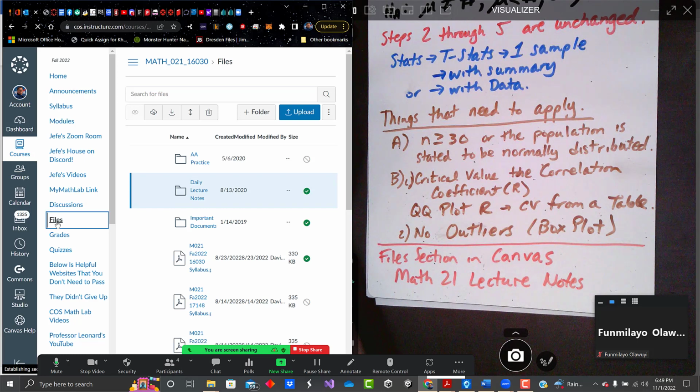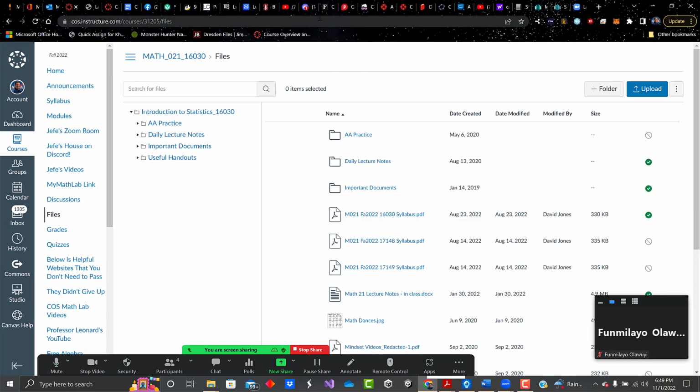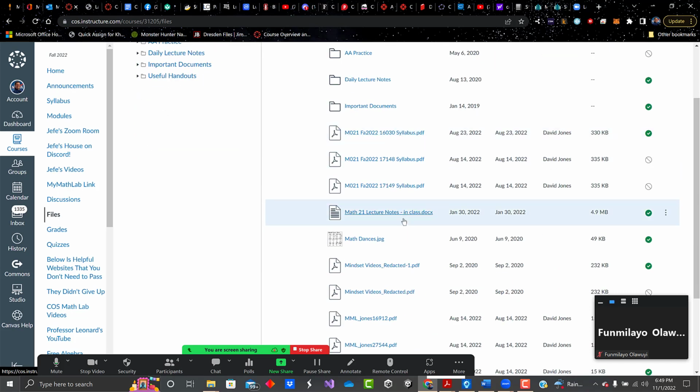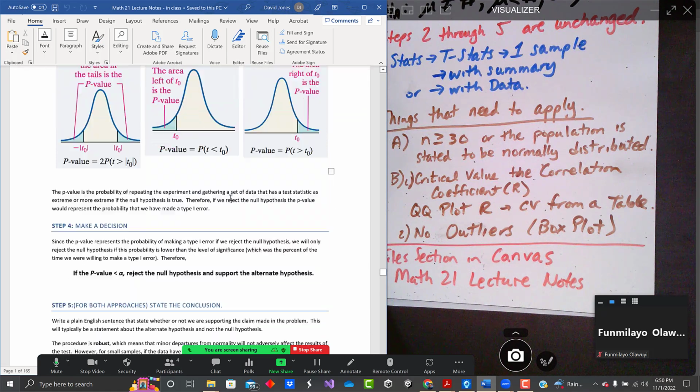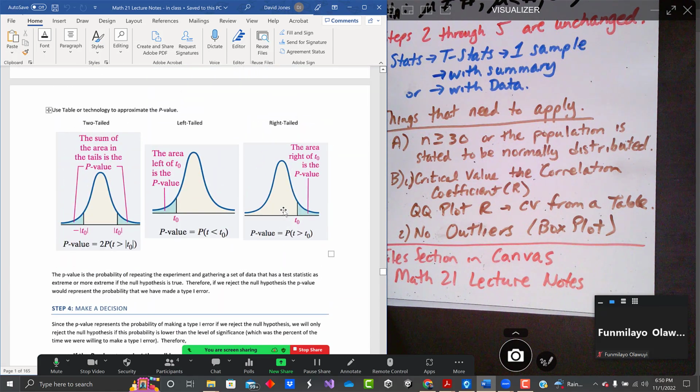So if you click on files, Math 21 lecture notes in class. I'm going to use this a lot for the rest of the semester because it's got a lot of problems already set up and they're easy to go through and do in class. So I have it downloaded, and where we're going to start is you want to scroll down to where 10.3 is.